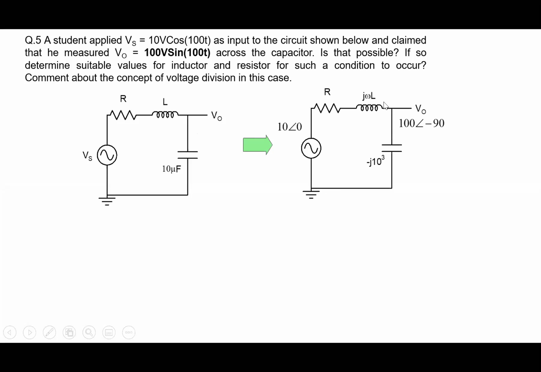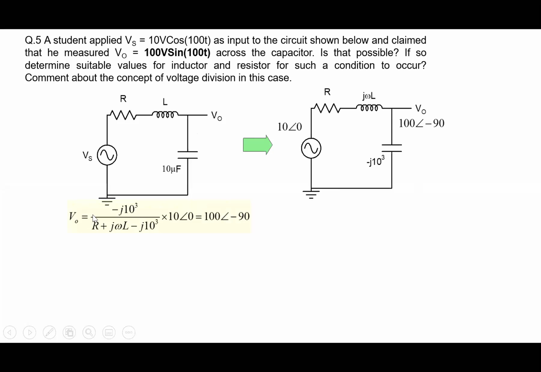So we convert it into j omega L and minus j 10 to the power 3. The frequency is given, so we convert it into the values that we are given here. And we are also given 100 volt sin 100t. So remember, we are casting everything in the form of a cosine. So that becomes 100 angle minus 90 here, the voltage at this phase.